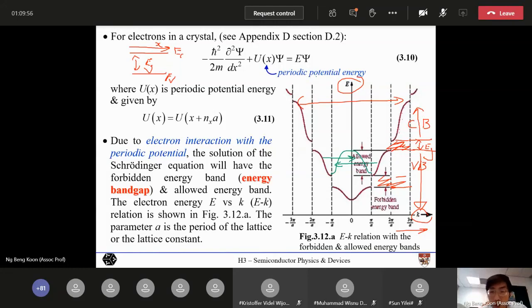Similarly, if we shift it by integer multiples of 2 pi over a, this one can come to here, this one can come to here, and we just consider a narrower range. We just consider this very short range from minus pi over a to pi over a to analyze the behavior. We do not need to consider the whole thing.